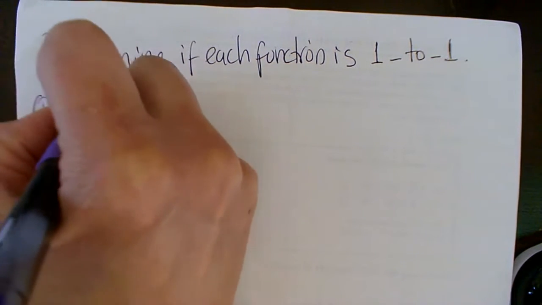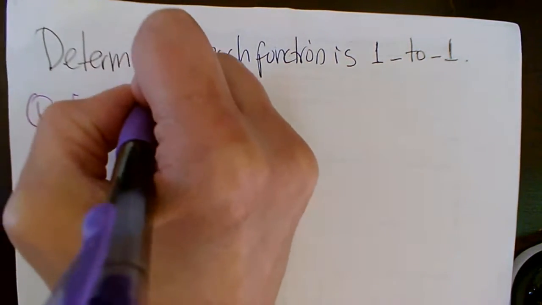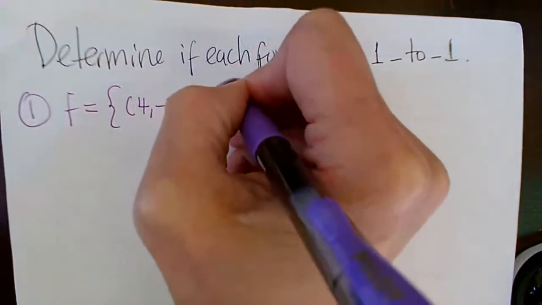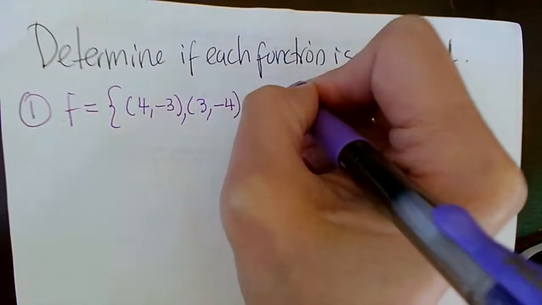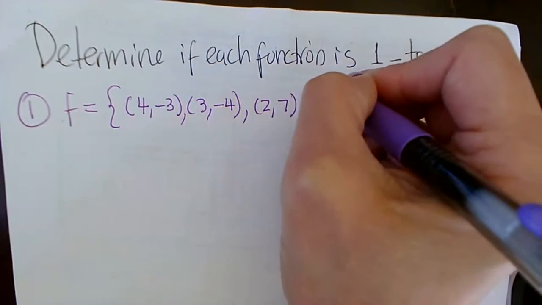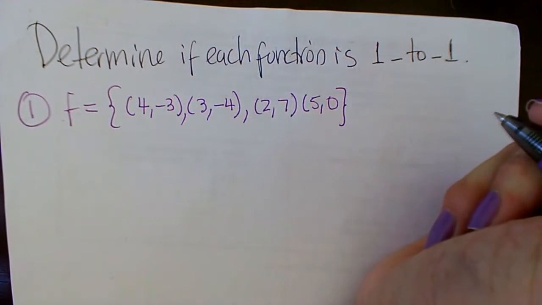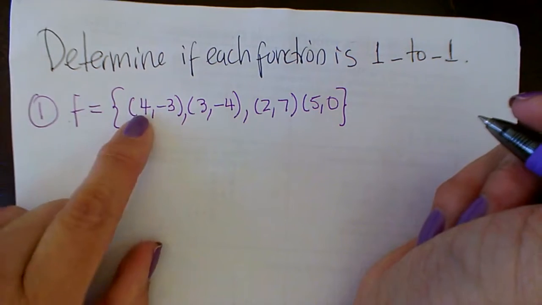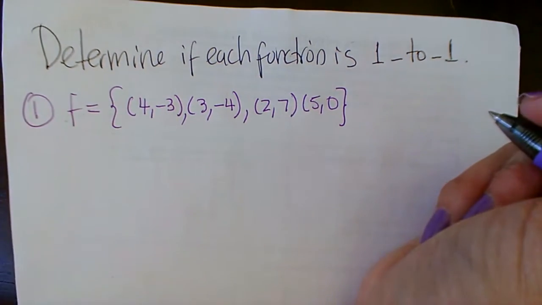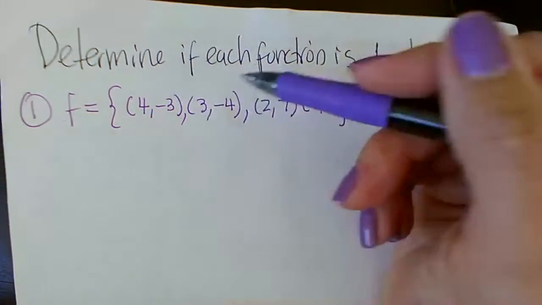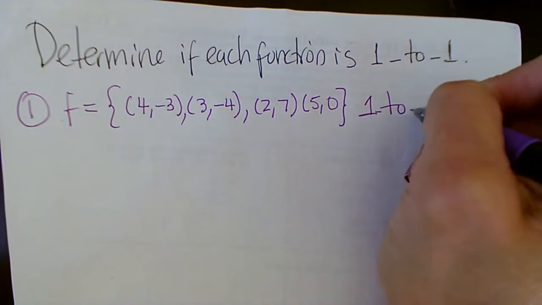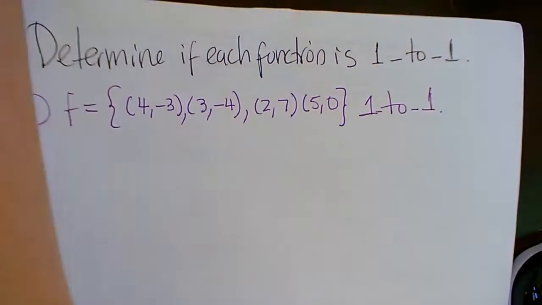It says f is equal to (4, -3), (3, -4), (2, -7), and (5, 0). So we said that the x value and the y value cannot get repeated. So we have 4, 3, 2, and 5. The x values don't repeat. Negative 3, negative 4, negative 7, and 0. So this one is a one-to-one.